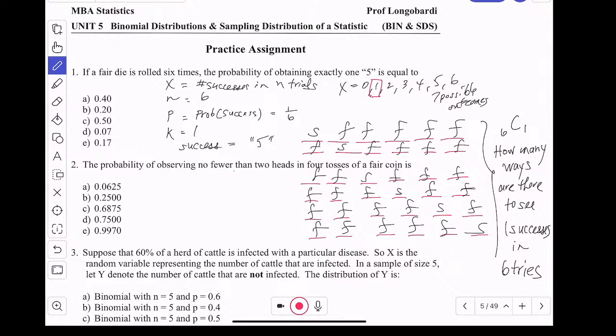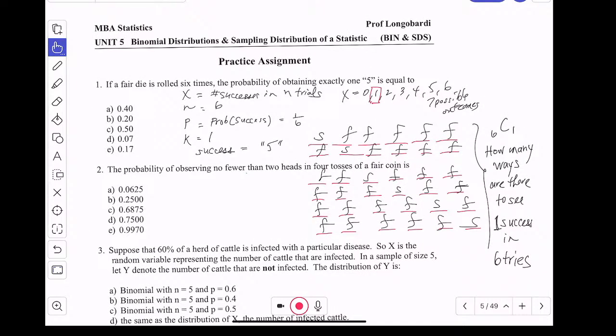Well, 1 success, yeah. So the answer is 6 choose 1. This is a combinatorics or combination.